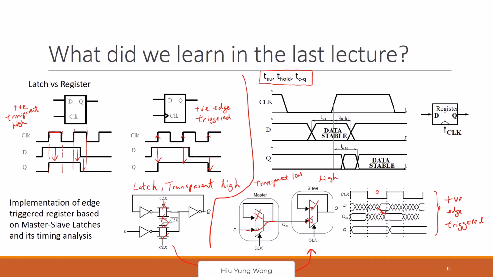Now, when the clock goes up, what happened? Now, this one will be on and this one will be off. This one will be off and this one will be on. Then at this time, the data cannot be copied to Q anymore. So you see that here, no copying.